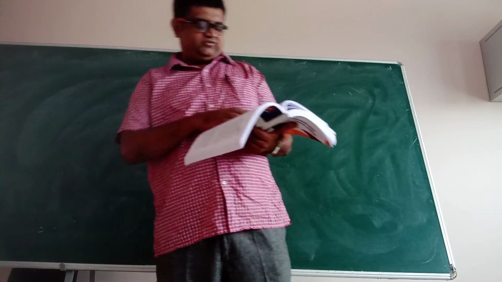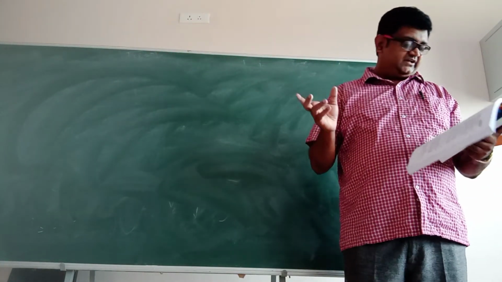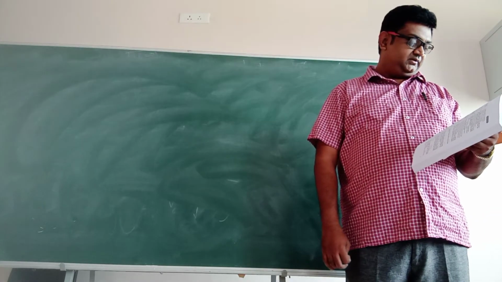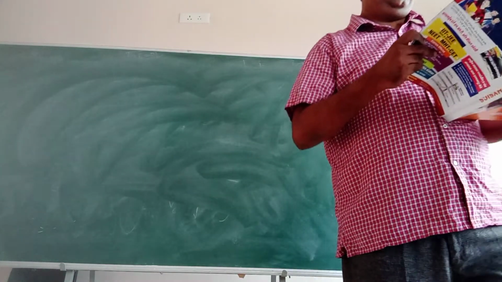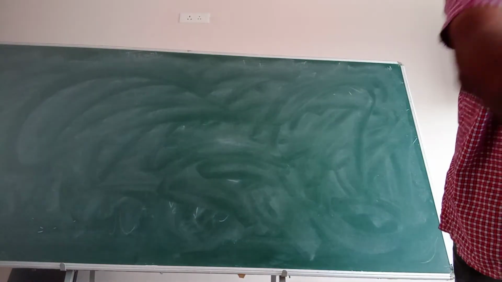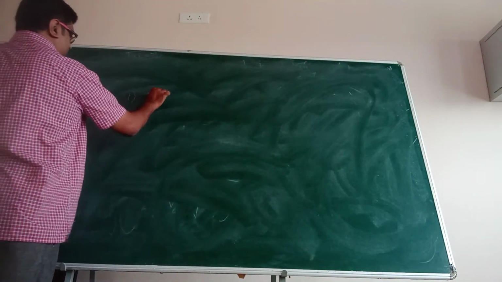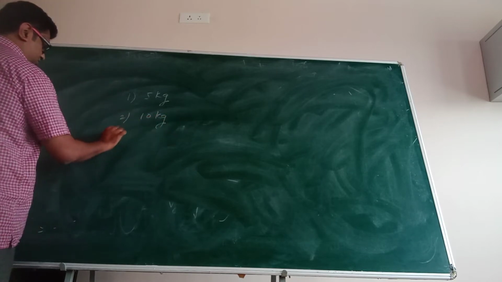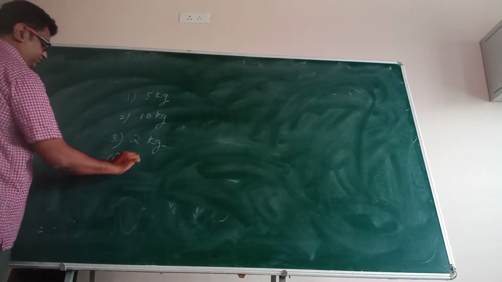See, I am doing one of the questions of this. It says a body of mass 5 kg is taken into space. Its mass becomes. 4 options are given. 5 kg, 10 kg, 2 kg, 15 kg.